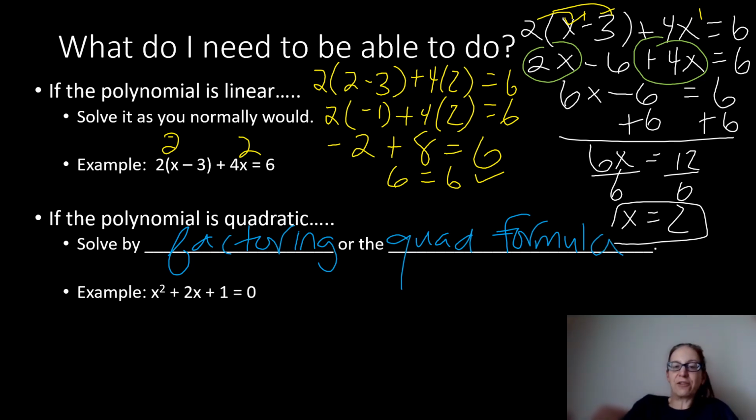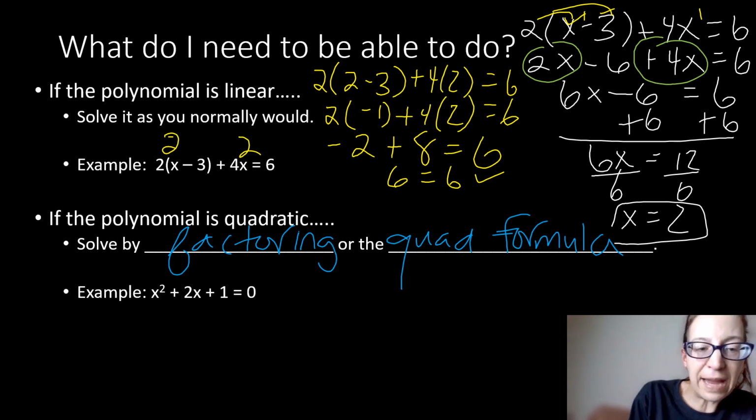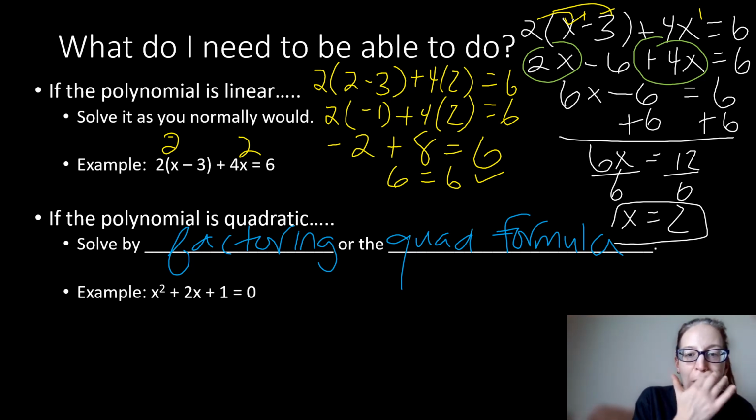If it's not factorable, then you have to use the quadratic formula. I have an example here: x squared plus 2x plus 1 equals 0. Remember, with your quadratics, you need to set them equal to 0 first. If it was a little jumbled up, we'd want to get it into this form first.